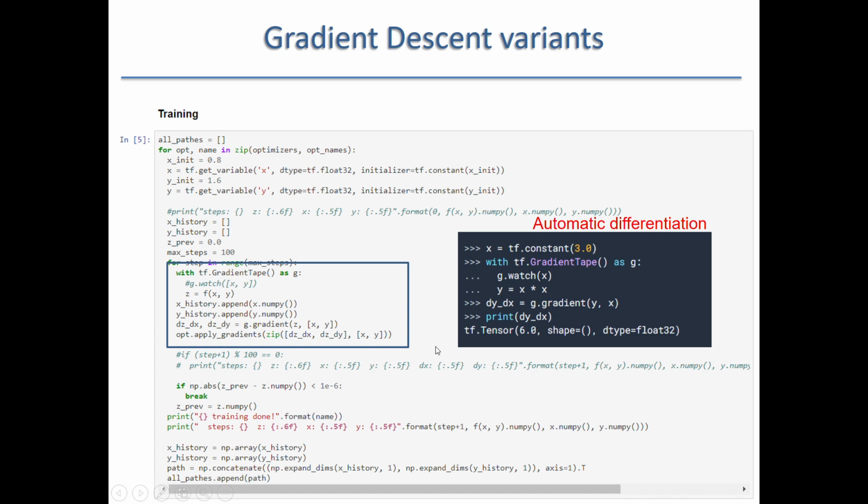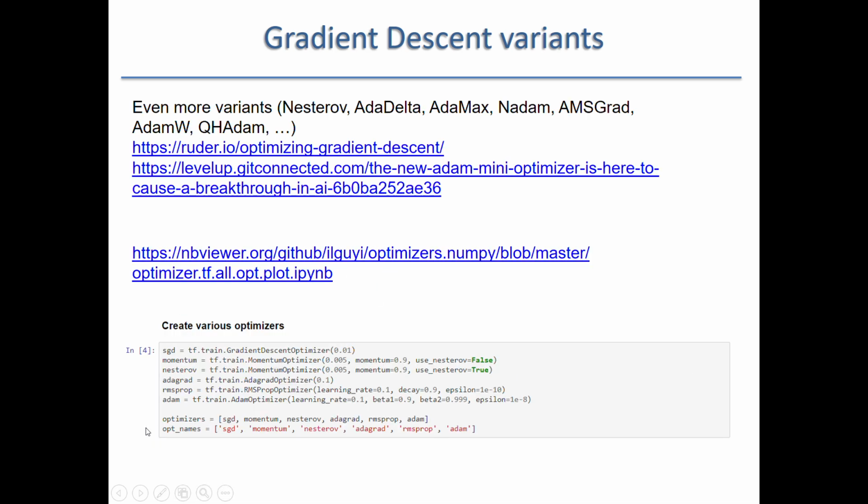And in general you can tell G to watch particular variables, or you may not, and then it is watching everything that is inside this scope. So it sees that you are using x and y to compute z, and then you can compute the derivative of z with respect to x, the derivative of z with respect to y, and you use the optimizers, which have been defined here.